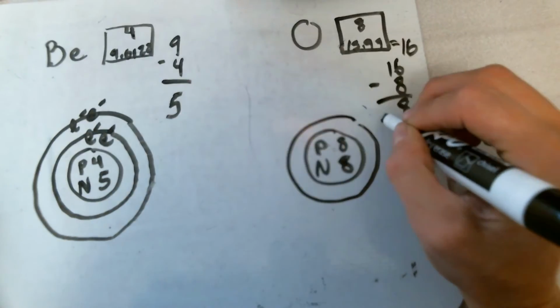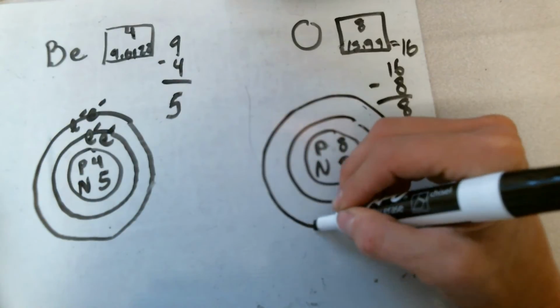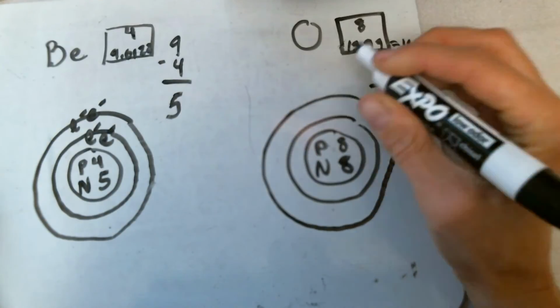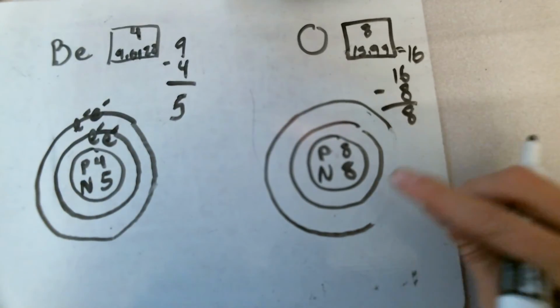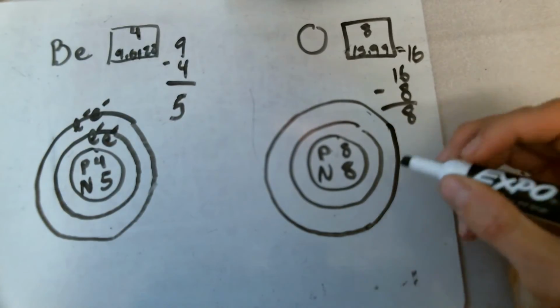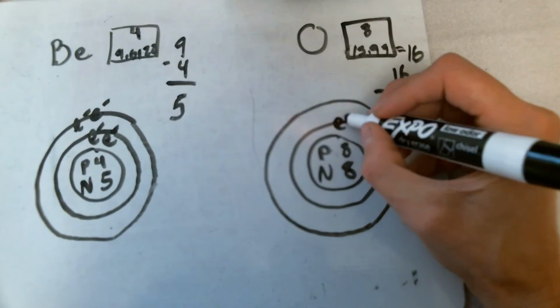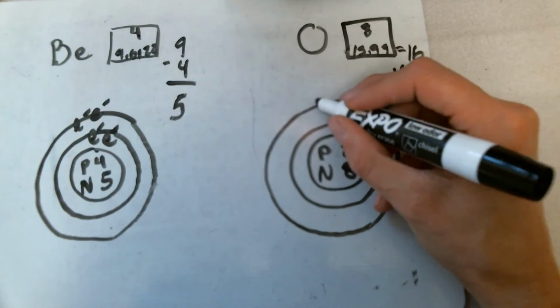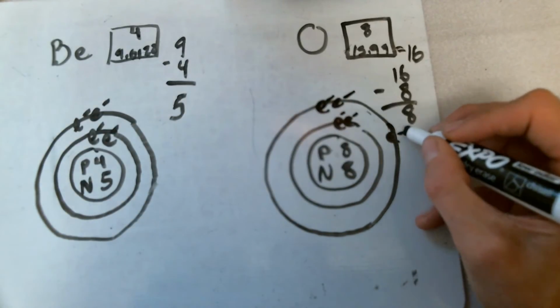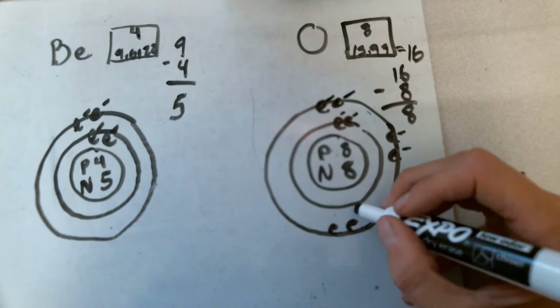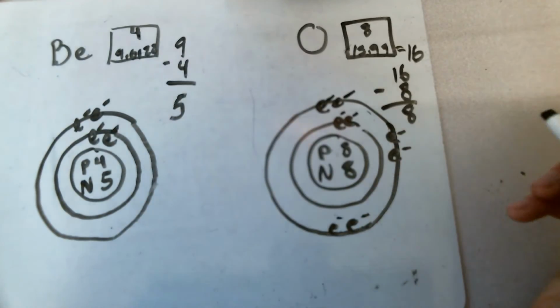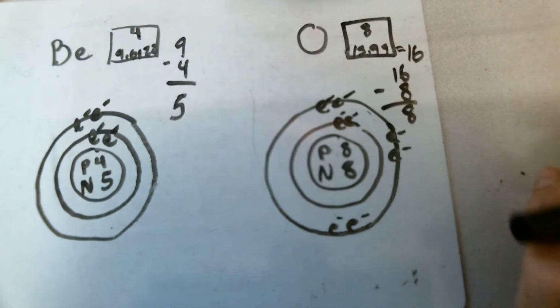Since the protons and electrons are equal, we're going to also have 8 electrons in the shells. So we're going to put 2 electrons in the first shell, and we're going to put 6 in the next shell, so that we have a total of 8 electrons around that atom.